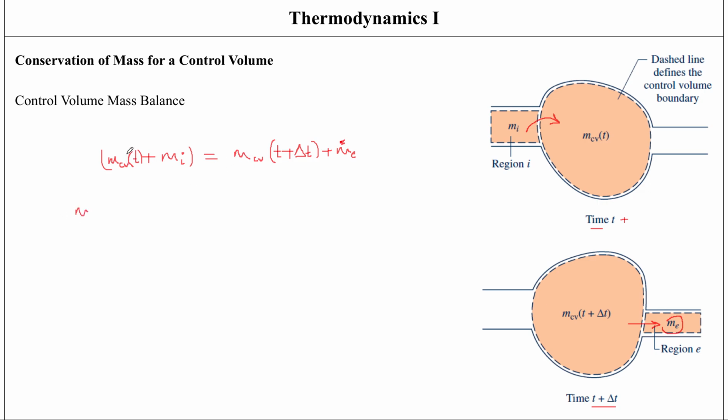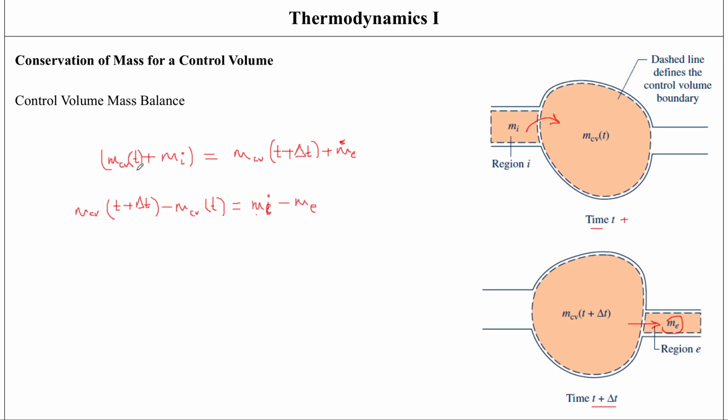if I was to move this term onto that side, it would become mass contained within the control volume at time t plus delta t minus mass contained within the control volume at time t, and all this is going to be equal to the mass in the region represented by I minus, or actually the other way around, mass in the region represented by E, so it's going to be m_i minus m_e, right?